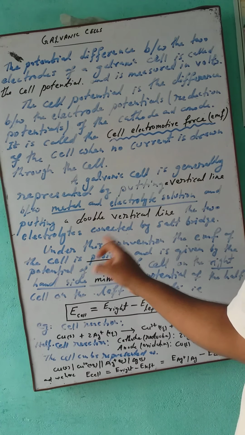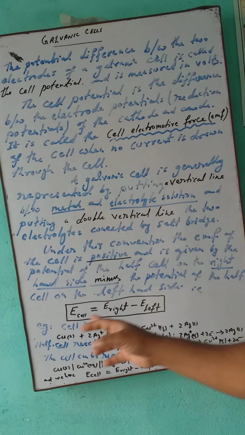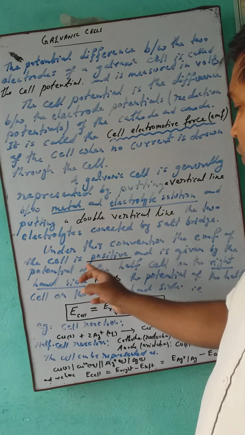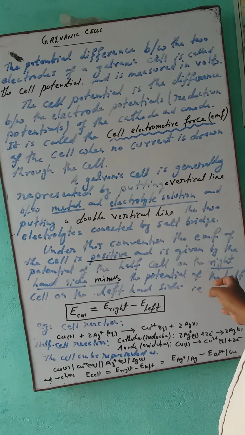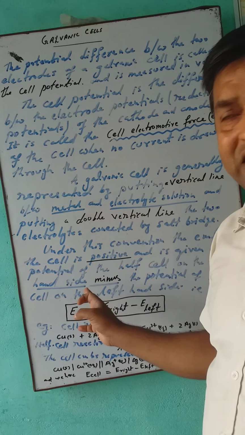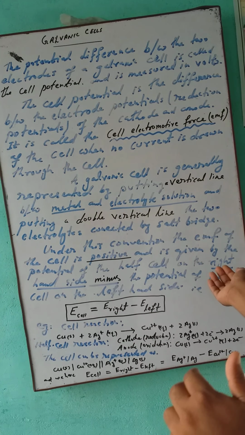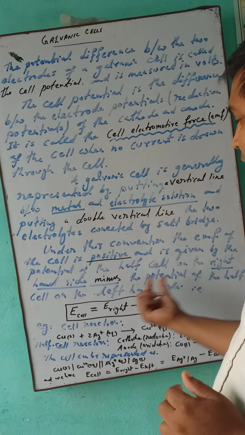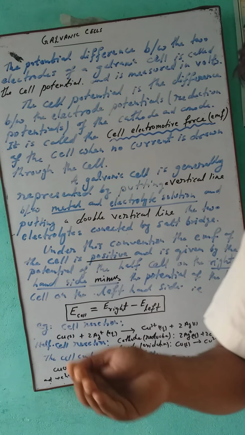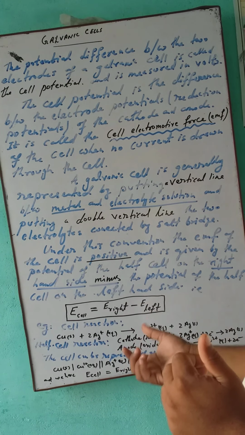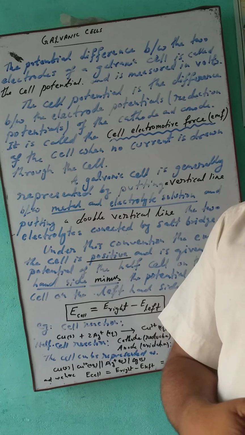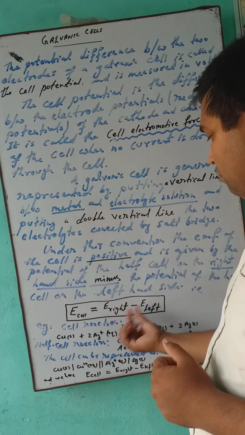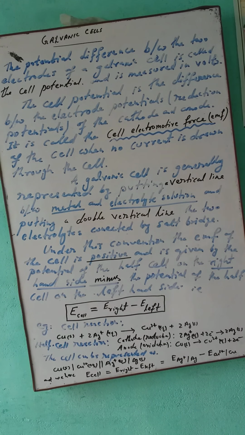If you indicate it in such a manner, the EMF is considered positive and is given by the potential of the half cell on the right hand side minus the potential of the half cell on the left hand side. So E cell is given by the relationship E right minus E left.